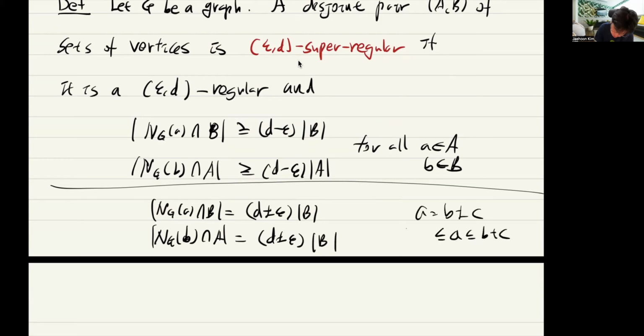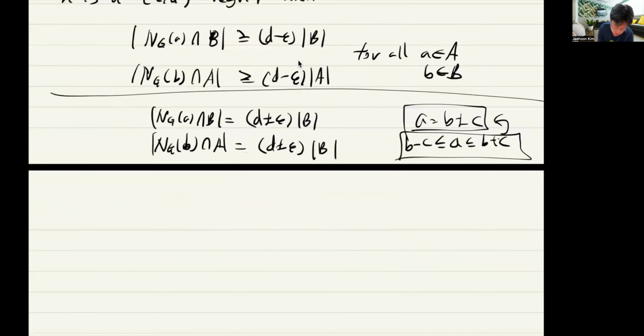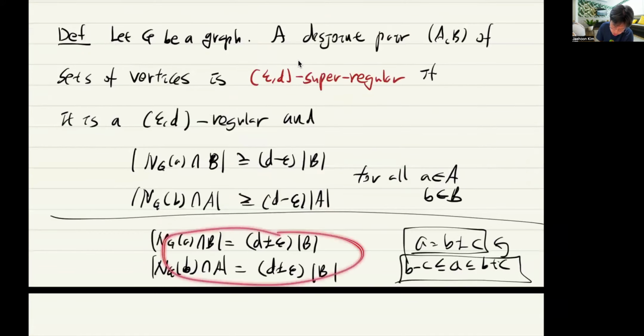So instead of writing these two inequalities, I will just write this. It means not only do you have a lower bound, but also an upper bound. These two definitions are roughly the same; this is stronger than that, so it implies the above one.